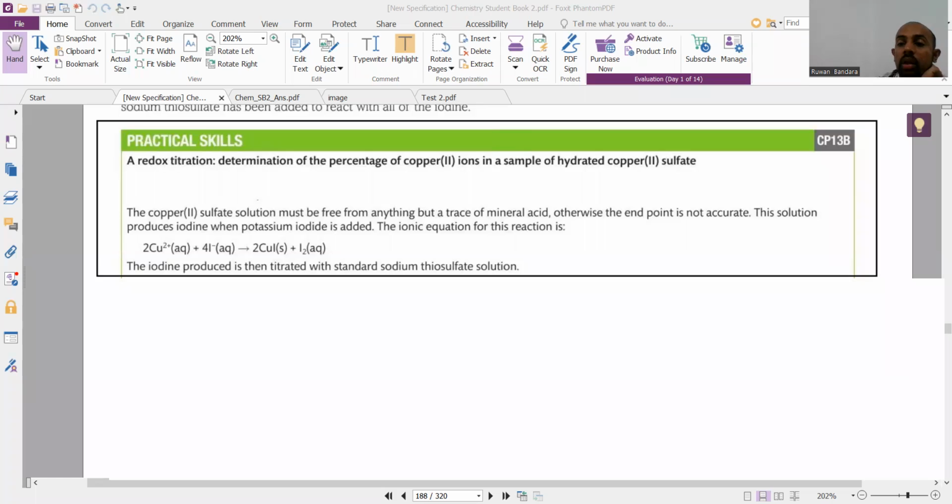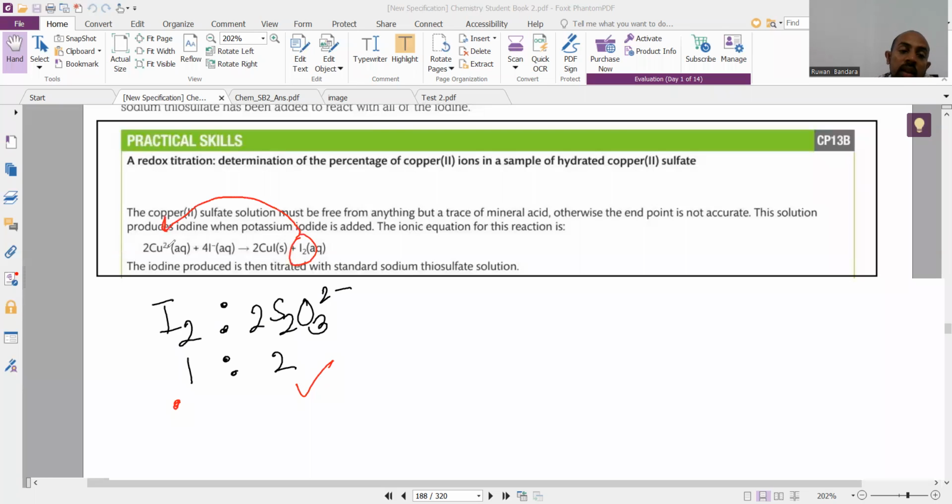So here you already wrote the equation for the iodine thiosulphate titration. Iodine to thiosulphate ratio is 1 to 2. From the moles of thiosulphate, you can find the moles of iodine. If you know the moles of iodine, then you can find the moles of copper 2 plus.